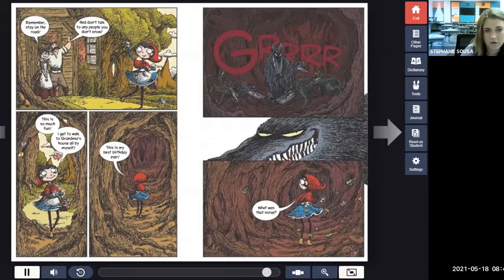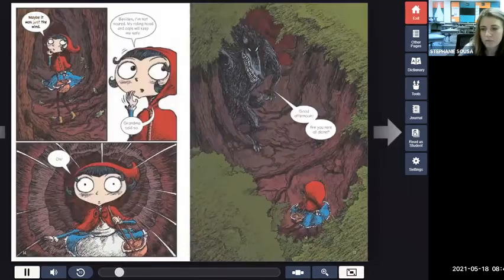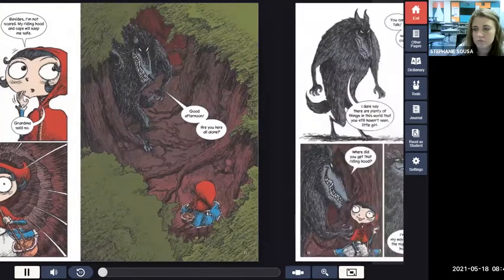Dun, dun, dun. Maybe it was just the wind. Besides, I'm not scared. My riding hood and cape will keep me safe. Grandma said so. Oh! Good afternoon. Are you here all alone? You can talk!